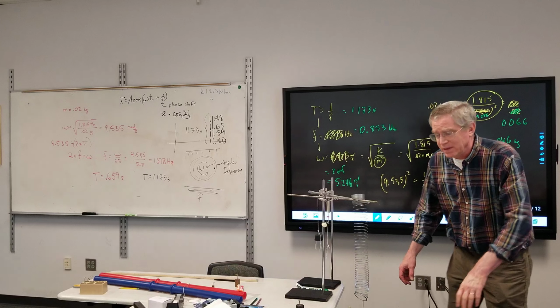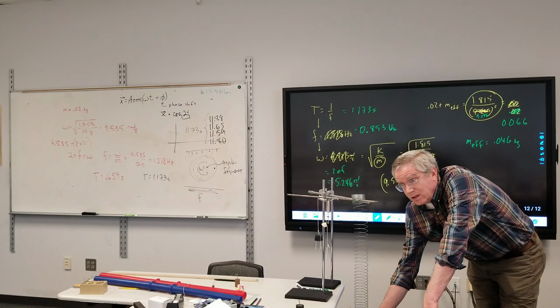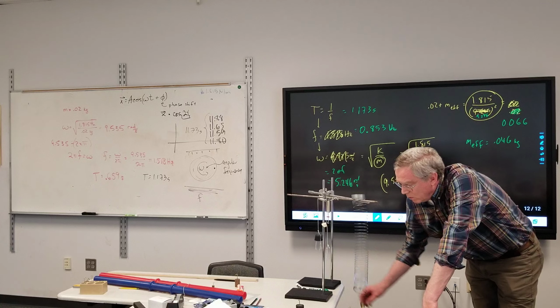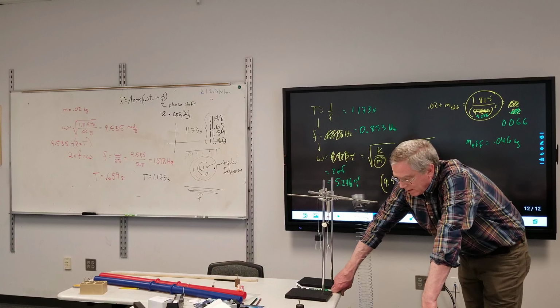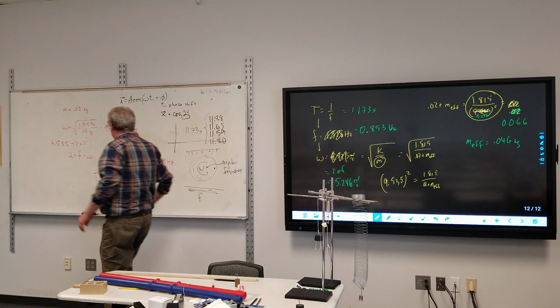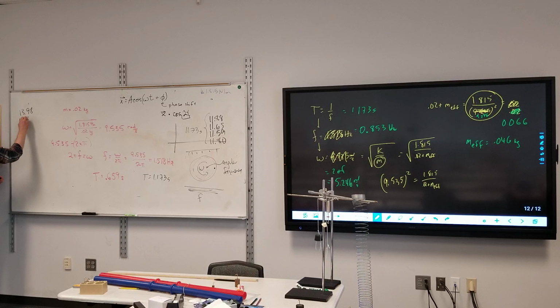All right, people timing? 3, 2, 1, go. 1, 2, 3, 4, 5, 6, 7, 8, 9, 10. 13.98. 13.85. 14.19. 13.88.